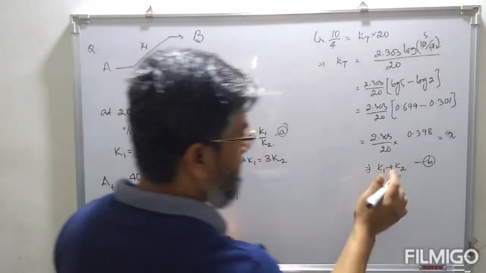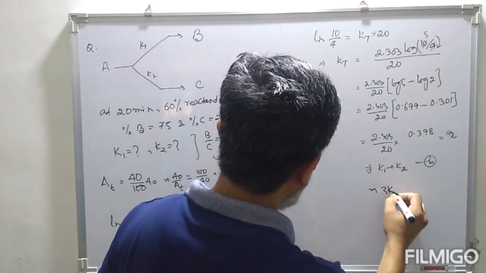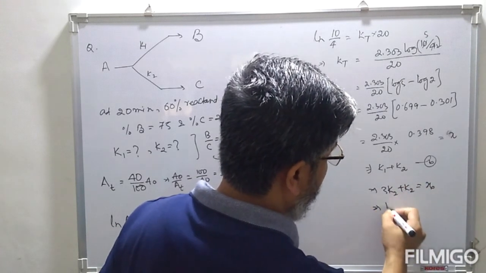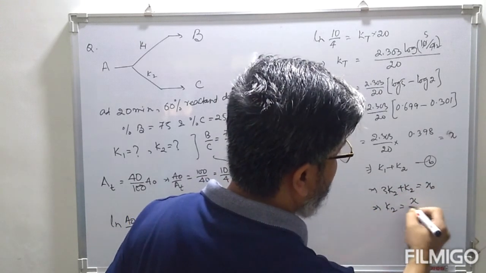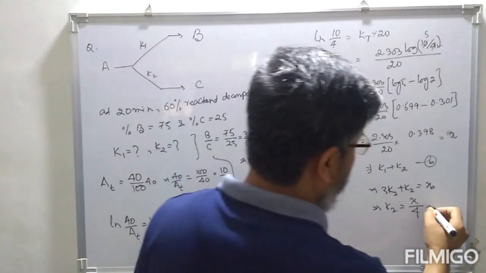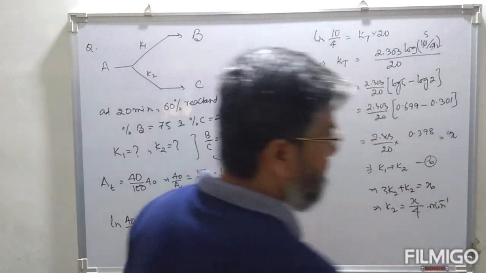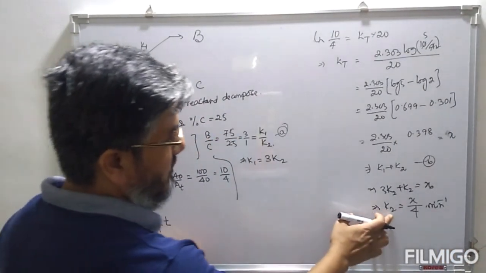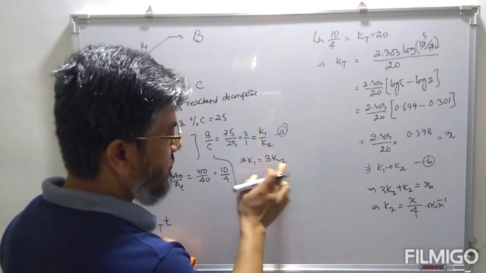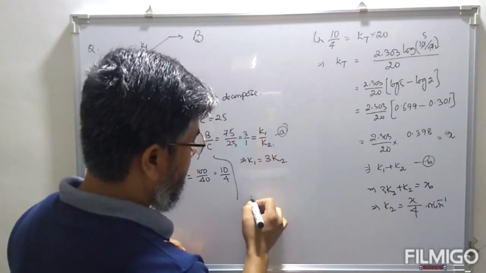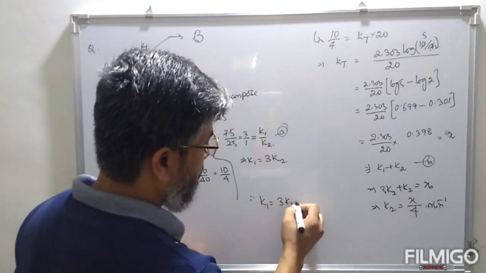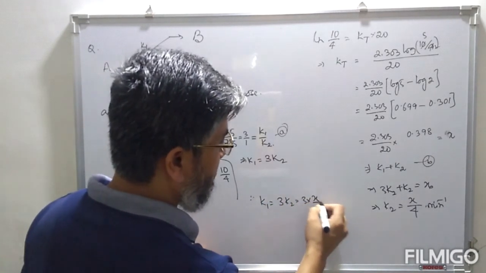So we can replace K1 here: 3 K2 plus K2 is equal to X. Therefore K2 is equal to X by 4. Since time is in minutes, we will have the unit minute inverse. Once we have K2, we can define the value of K1. K1 is equal to 3 times K2, so K1 is 3 into X by 4.